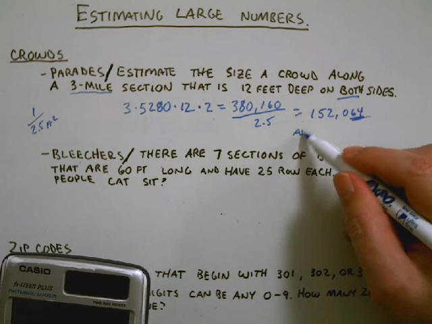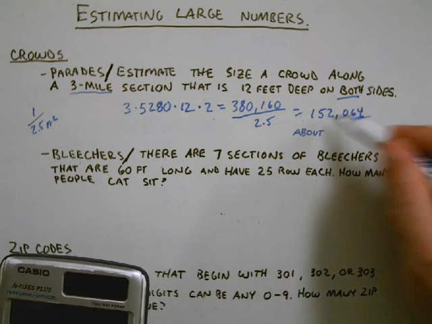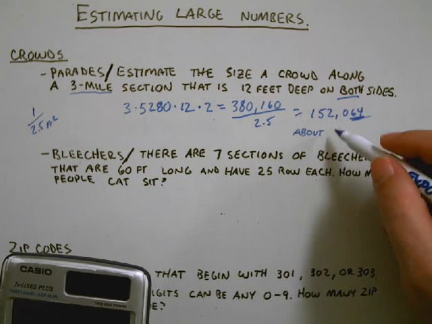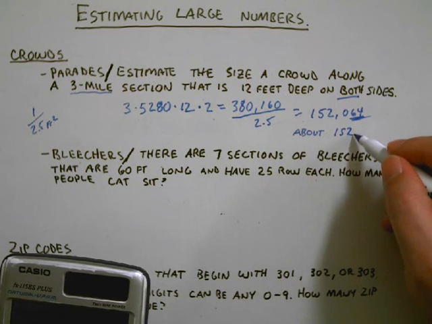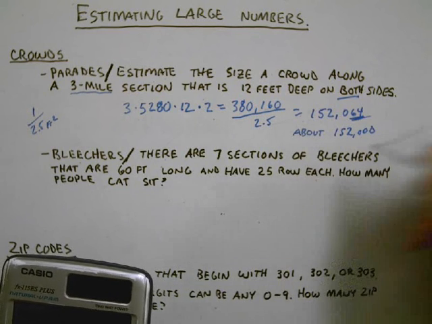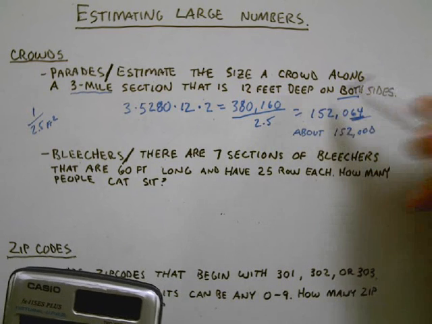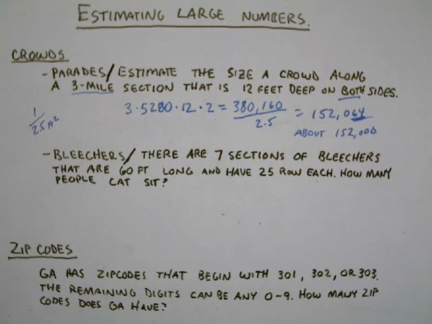It's not really logical to sound like an exact amount when you don't really know that. So you'd say 152,000, or you could even say 150,000, and it would be a close estimate. Okay, so there's the crowds.